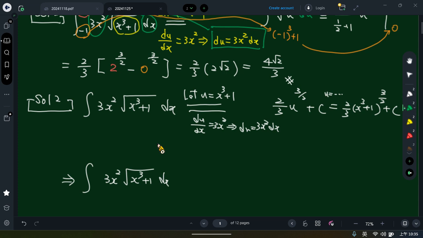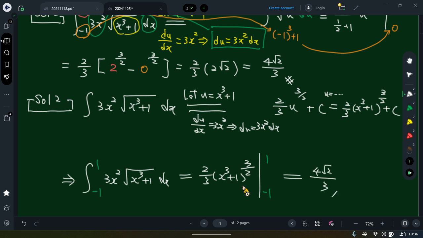So we just put these two limits back to the integral form. So you already have your antiderivative, right? Then here will be minus 1 to 1, so that the result is still the same.